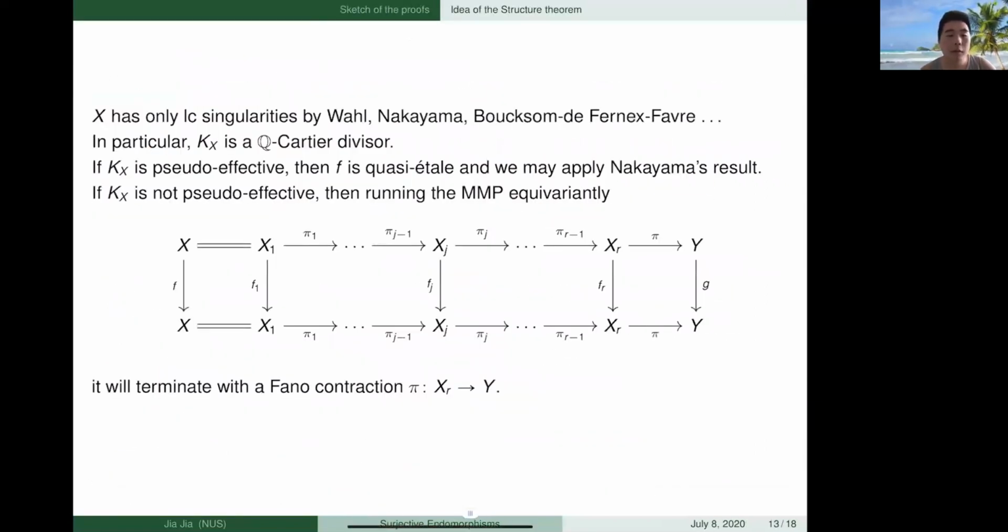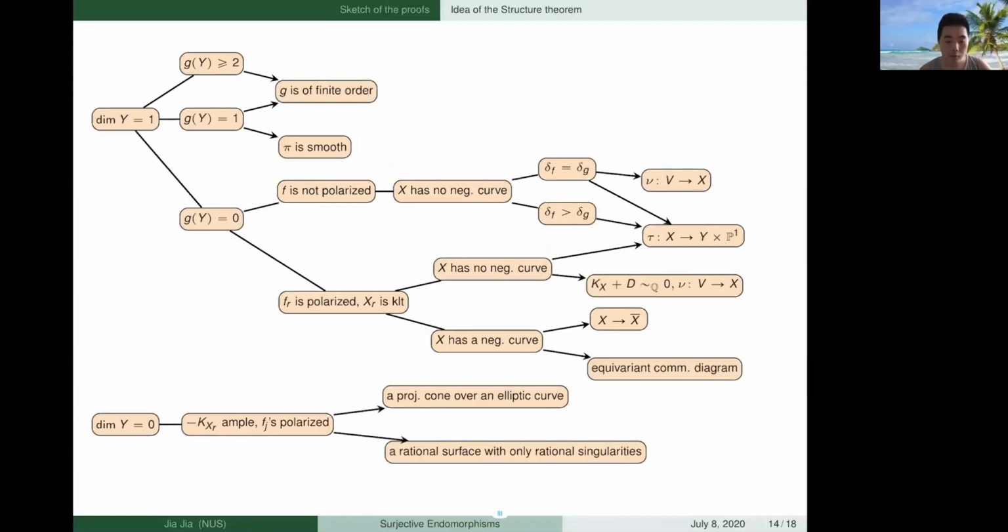If this K_X is not pseudo-effective, then after replacing F by a power, we may run the minimal model program equivariantly to get a final contraction X_R to Y. Then we have this graph.